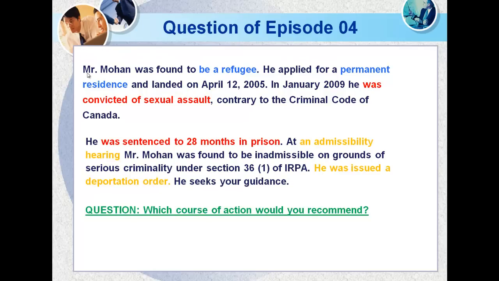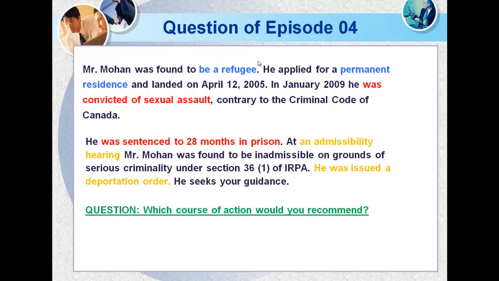You can see I use 3 different colors. One is blue, the second is red, the third is orange. What's the difference? The first one, you have to identify who. In any scenario, any case, you have to understand the client's background.